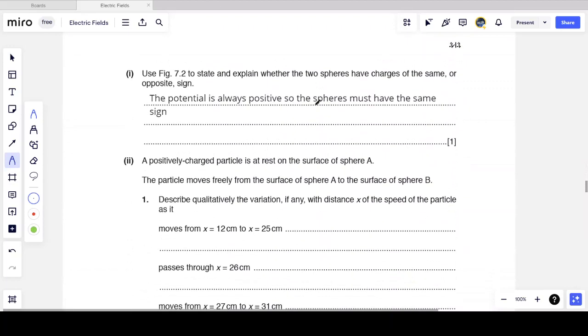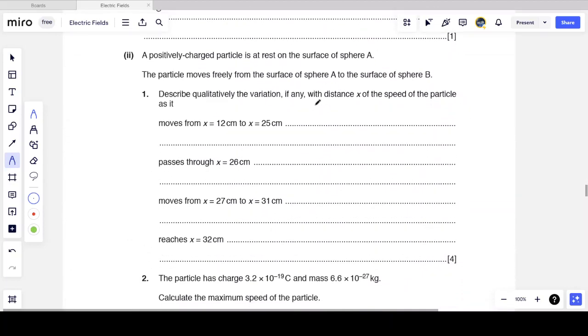So what I first need to do is remember that the charge of this charged particle Q times the potential at any point is going to be equal to the kinetic energy it's going to gain. And also this value of QV is the work that's being done on the particle to push it between A and B. And work is force times distance.